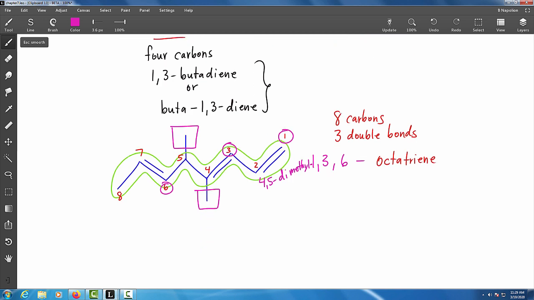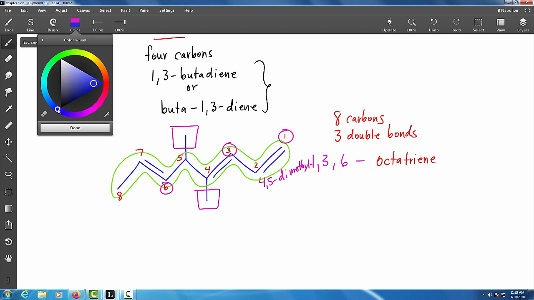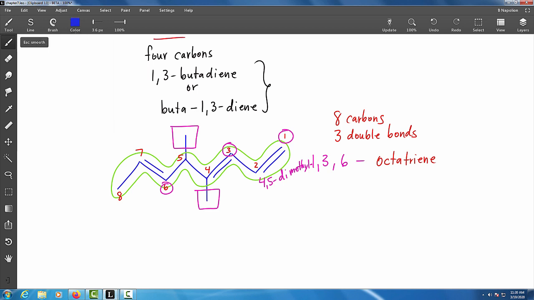So I can write that out a little bit clearer: 4,5-dimethyl-1,3,6.